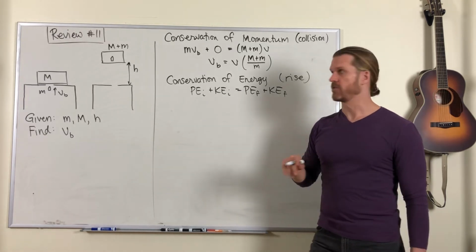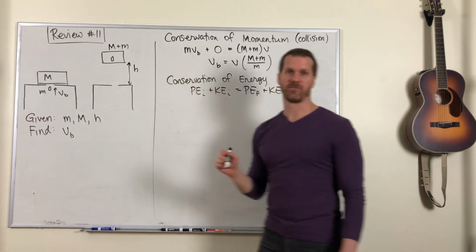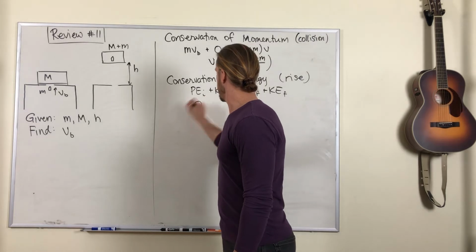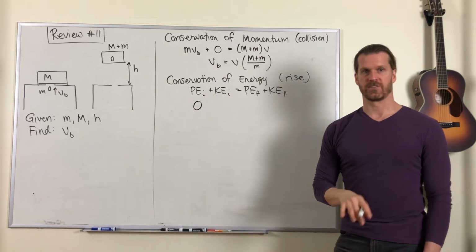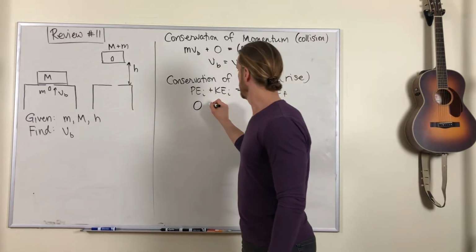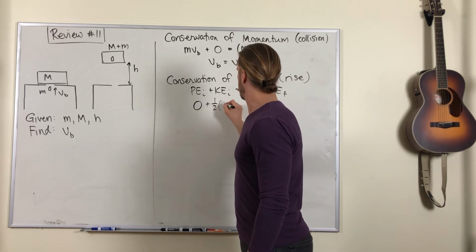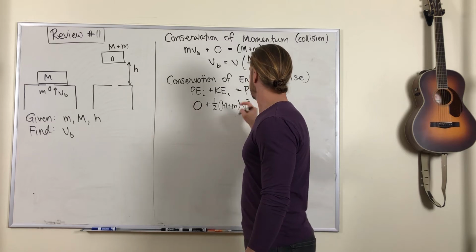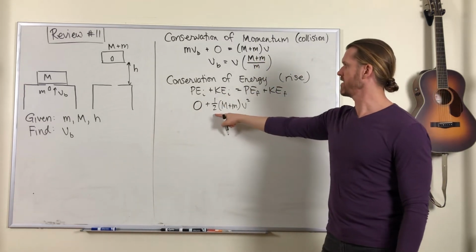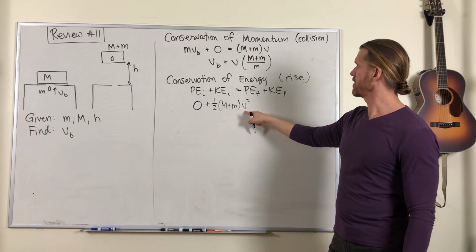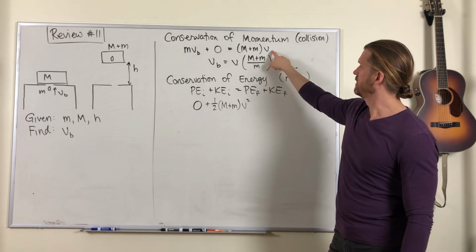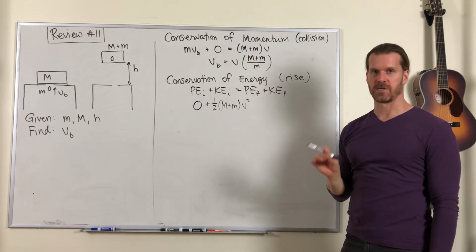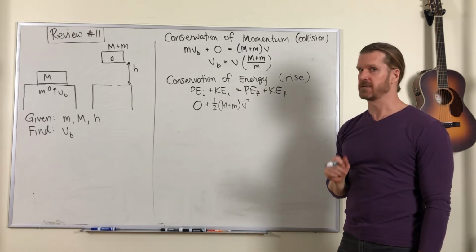The final scenario is when it reaches the maximum height. So we might as well define zero potential energy at the level of the table. This block bullet system has an initial kinetic energy of 1/2 mv squared, where we're using this same v value that refers to the speed of the system immediately after that collision.